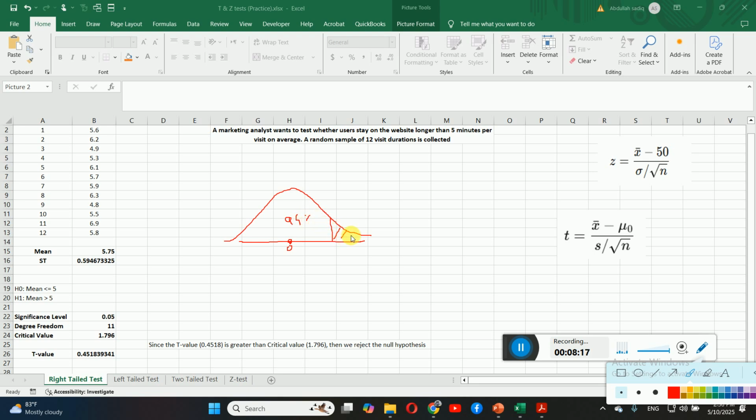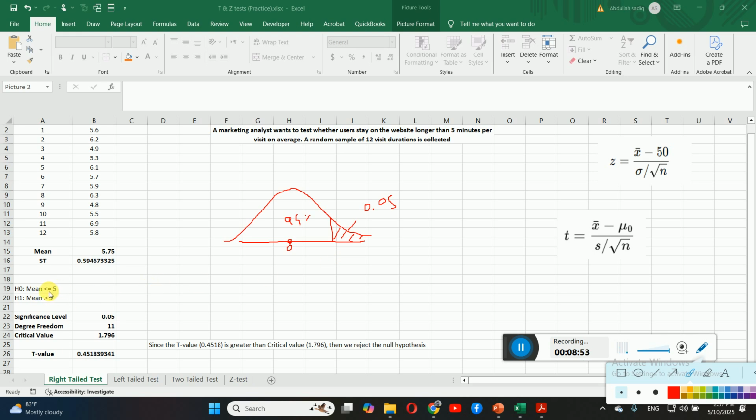We say that if the t value is significantly farther, far away from the central value, the null value 5 here, beyond the confidence interval, in the area of 0.05, then we are rejecting the null hypothesis.